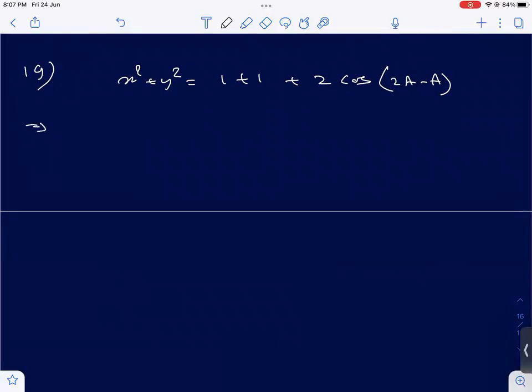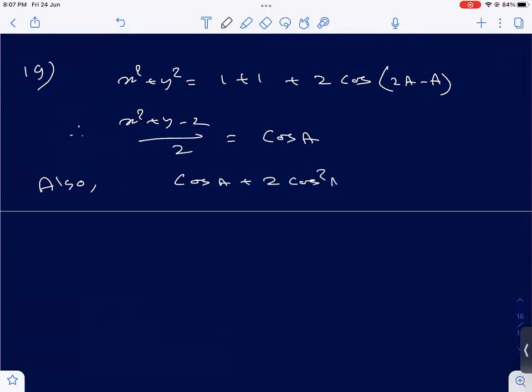Therefore, we can write x square plus y square minus 2 by 2, we are getting cos A. Also we can write cos A plus 2 cos square A minus 1 equal to y.